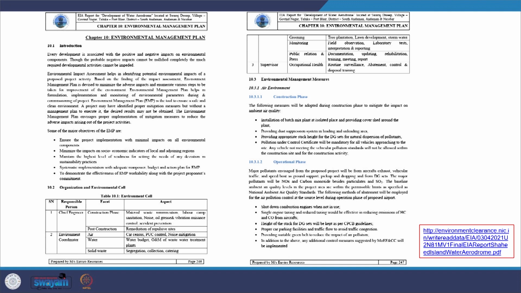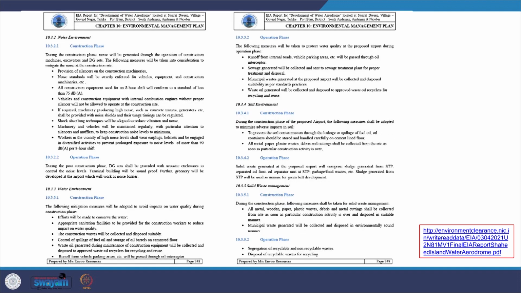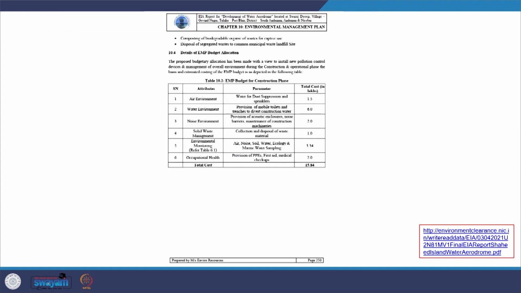And then how they will look after each component, air component, at every phase, noise problem, then water environment at every phase of the project, and how they will take care of solid waste and other things in every case. And then you also see how they are allocating budget for the environmental management plan.